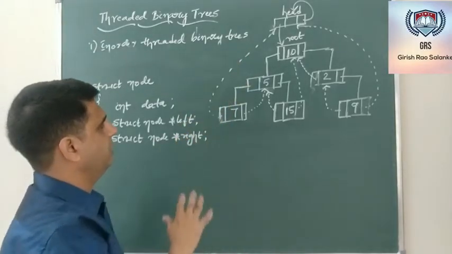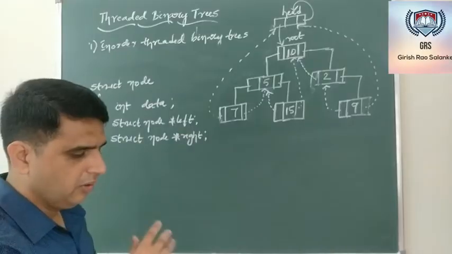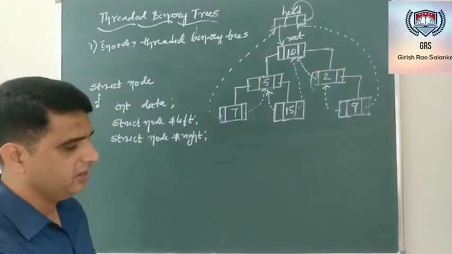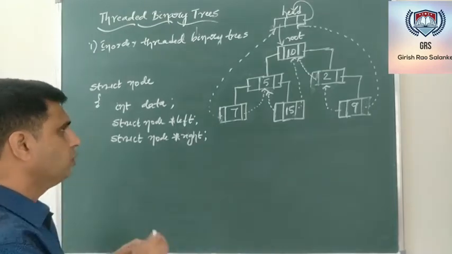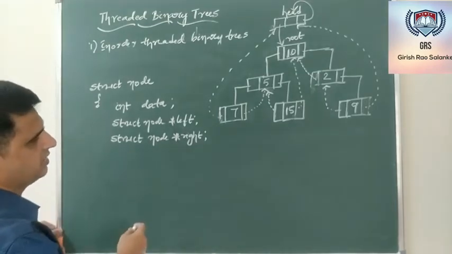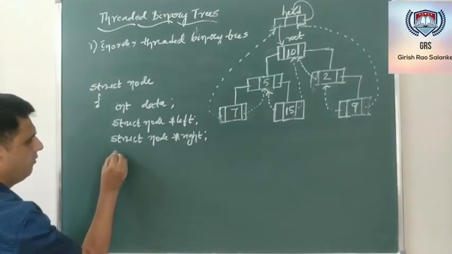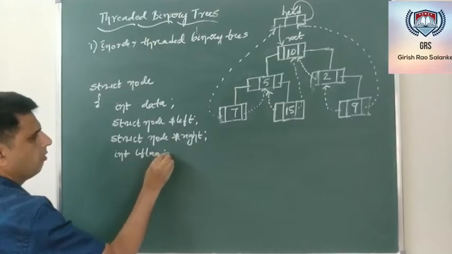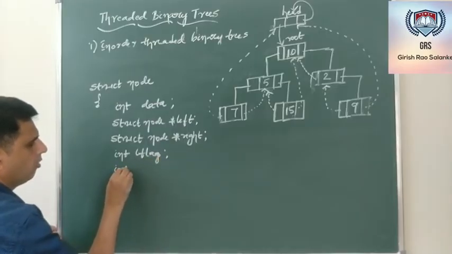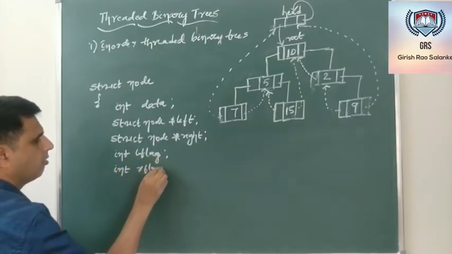So this is what we have done here. Now, generally, while implementing, to make the traversal operation easy, we have 2 more fields in the structure definition of the node: one field called int L flag, and one more, int R flag.